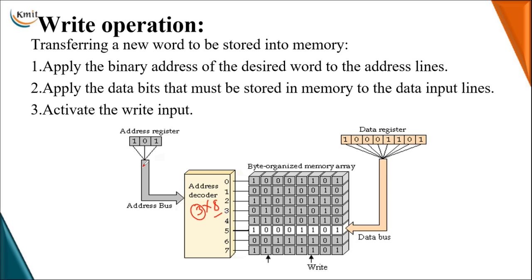You can only transfer the address register content to the input of the address decoder, hence it is unidirectional. So the address bus is unidirectional, whereas the data bus is bidirectional, since you can take data out of the memory and load it into the data register.